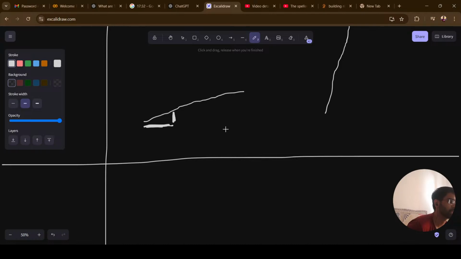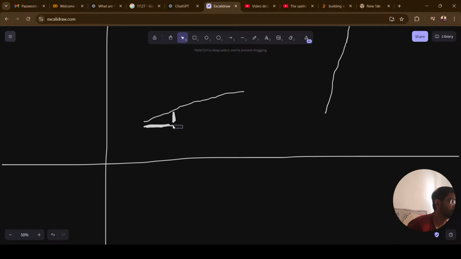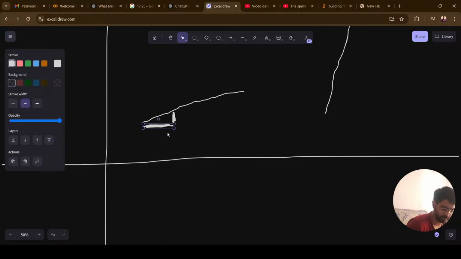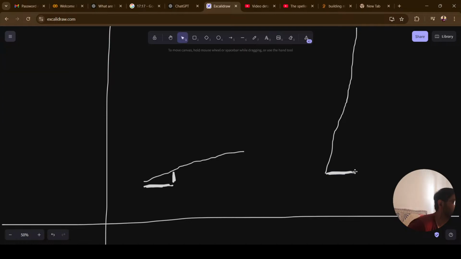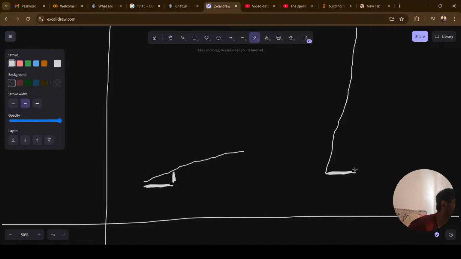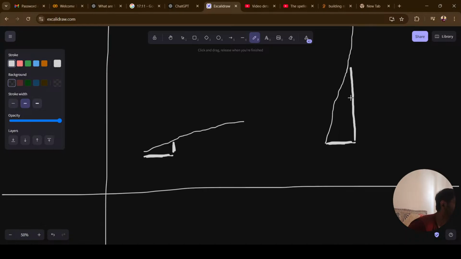Are you getting me? But similarly, on a steep hill, if I travel this much distance, the increase in height will be around this much.